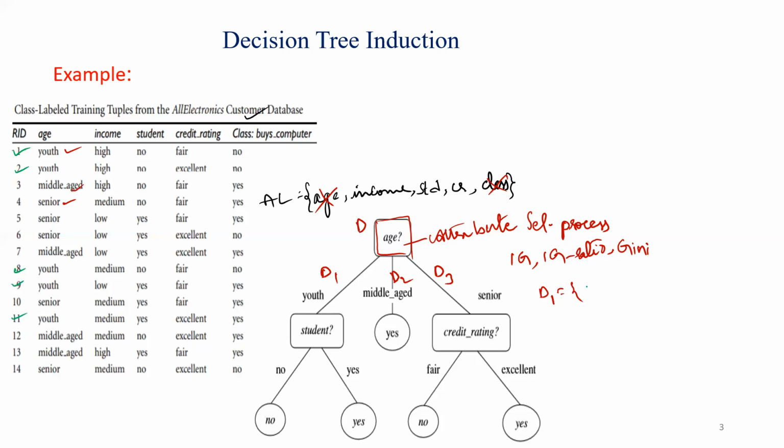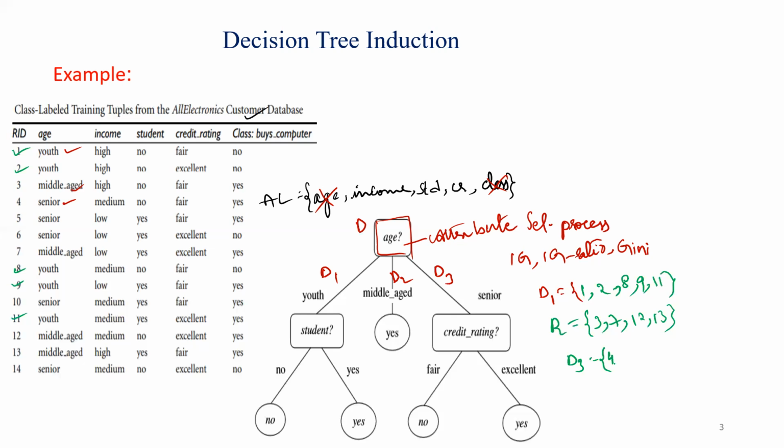So these are the tuples which fall under the partition D1. Let us consider D2. D2 consists of the tuples whose age value is middle-aged. I can write 3 here, and 7, 12 and 13. Similarly, all the leftover tuples fall under the D3 partition.